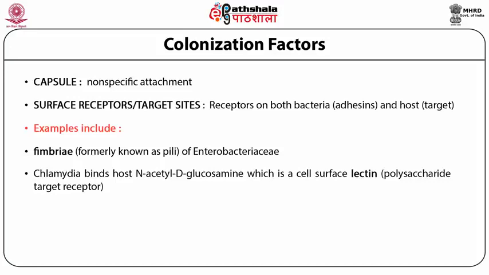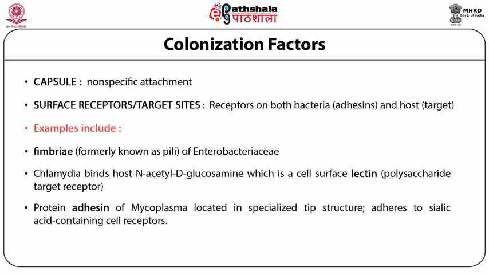Chlamydia bind with the host cells via N-acetyl-D-glucosamine, which is a cell surface lectin. Protein adhesin of Mycoplasma is located in a specialized tip structure, and hemagglutinin neuraminidase is present in the influenza virus.